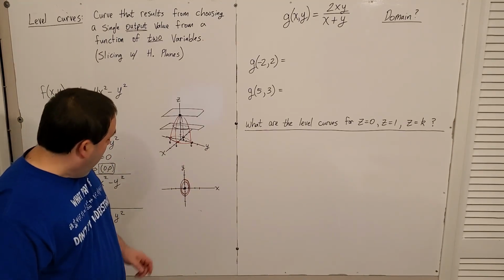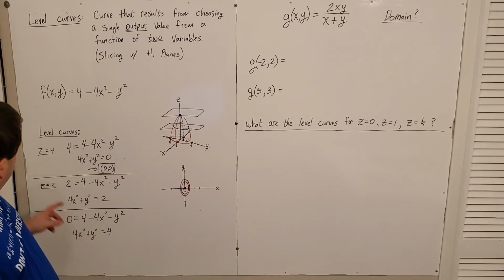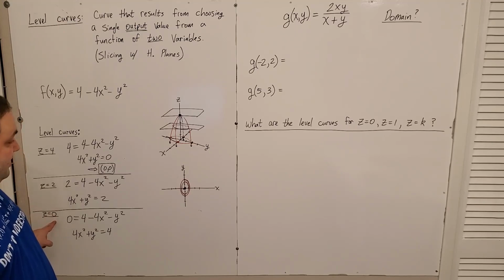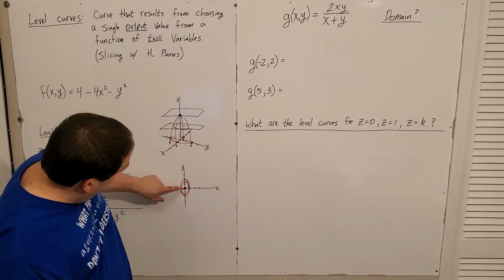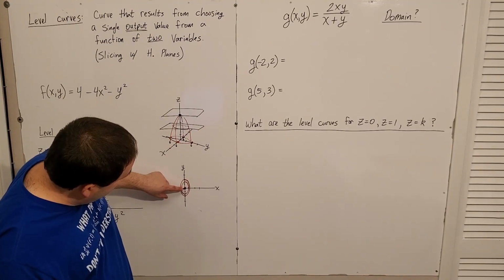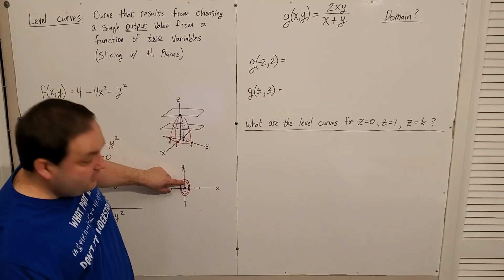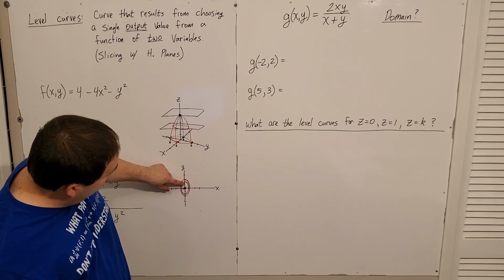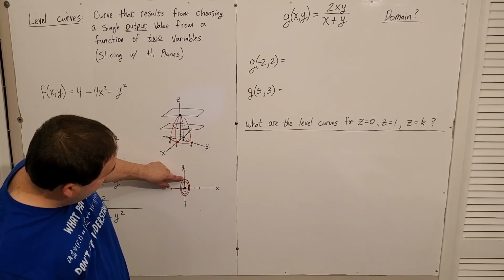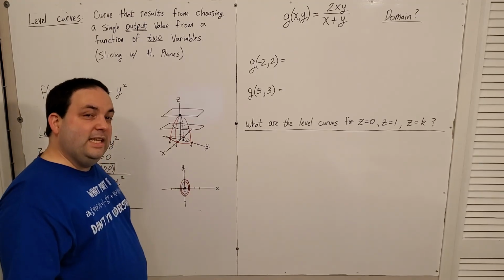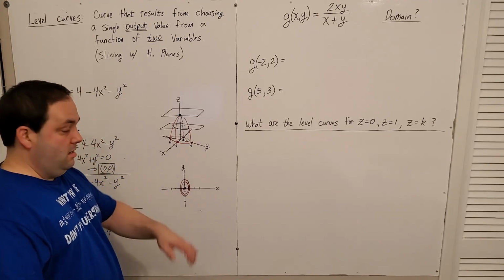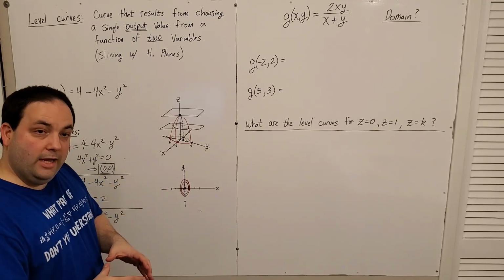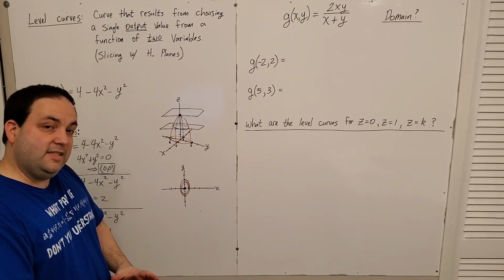Here's another thing I need you to notice. The jump from 4 to 2 is the same size jump from 2 to 0. But look at the size of the gap between these. Between the point and the first ellipse is way bigger than the distance from the first ellipse to the second ellipse. And what that's indicating is that the slope, basically the incline of the sheet, is getting steeper.